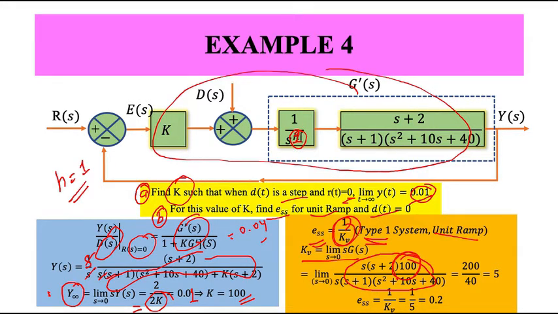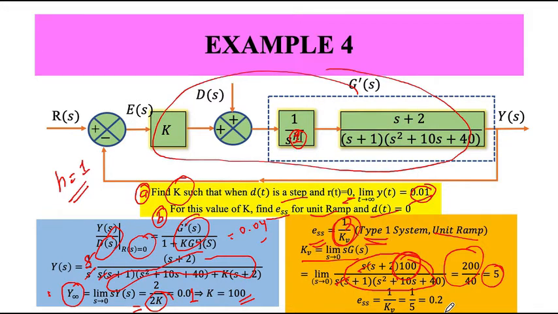Okay, so I have one pole at the origin. So I can do all the computation. So this guy goes away in the numerator and I am left with 200 by 40. This will give me kV. 5 is my kV. So steady state error is 1 by kV, 1 by 5 is 0.2.